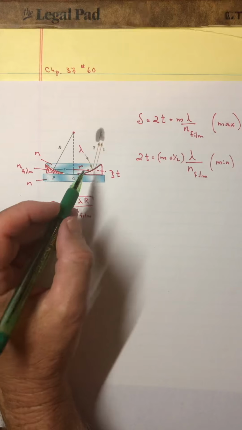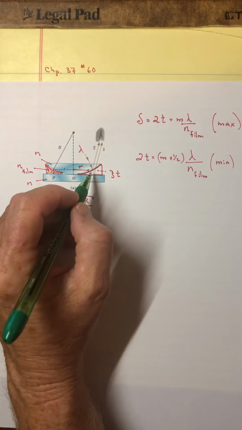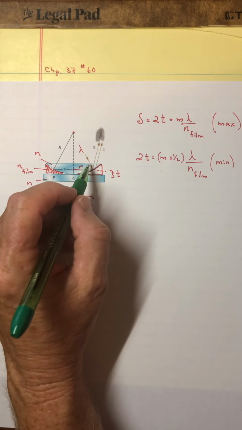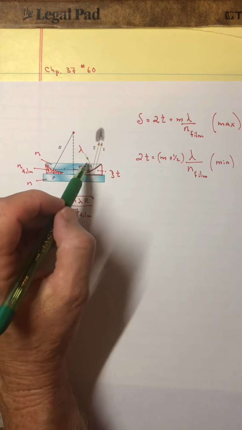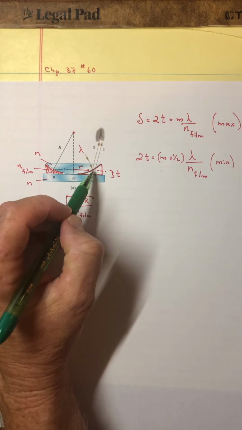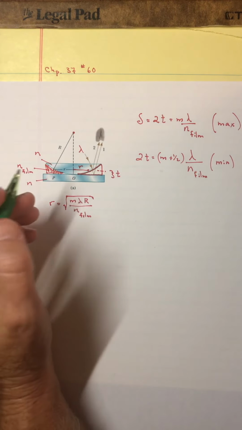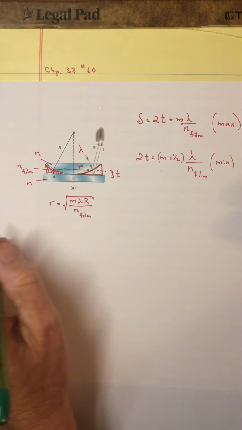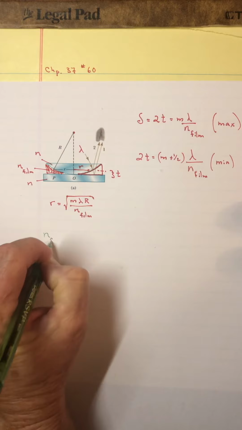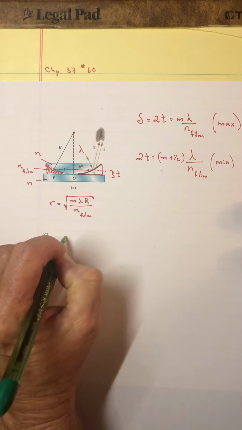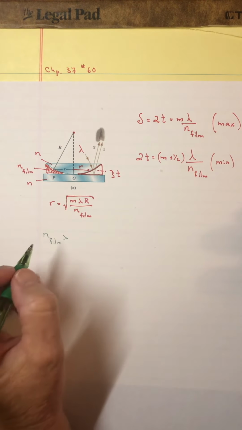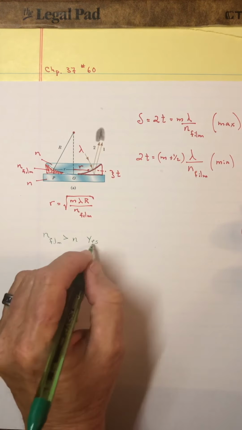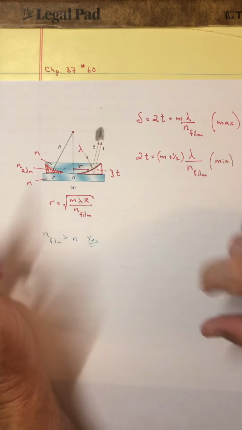So grabbing a different color here and saying, all right, is there a phase change when beam number 2 bounces off of the film? And that all depends. It depends if the film is greater than. So if the film has an index greater than n, then the answer is yes, there is a phase shift for beam number 2.